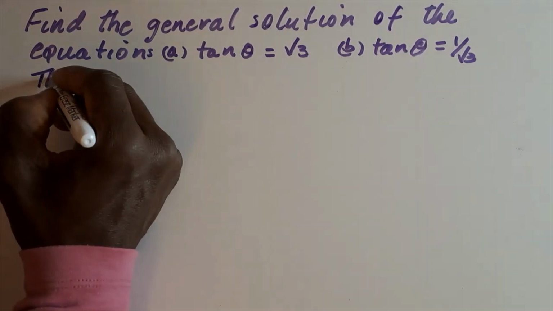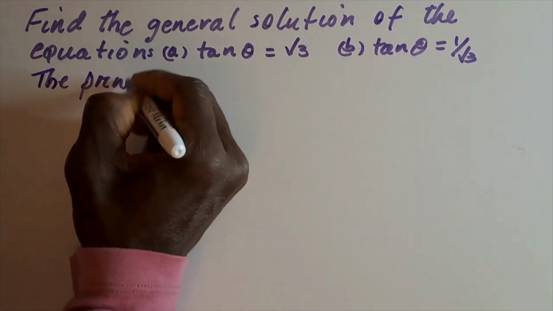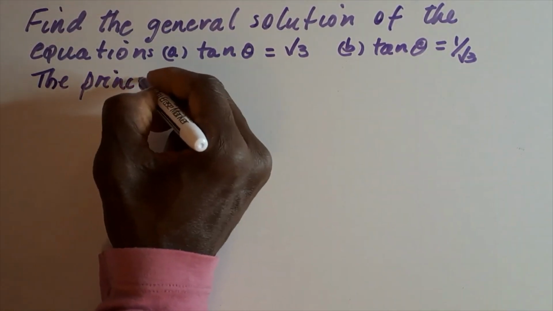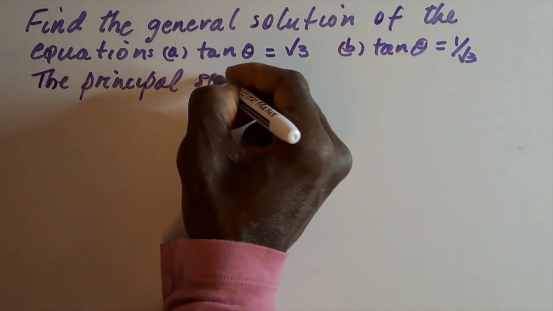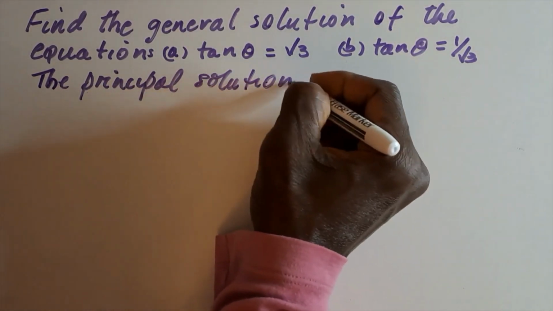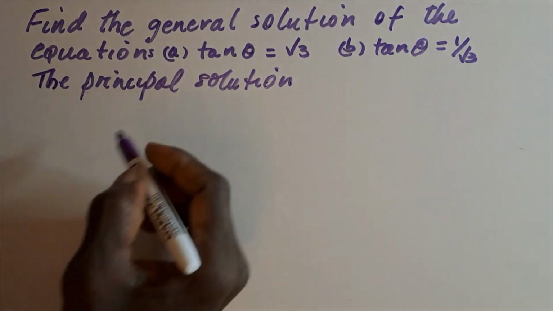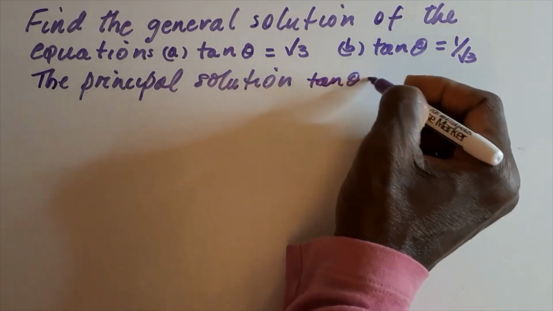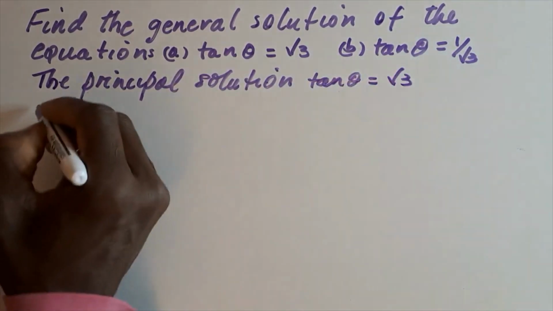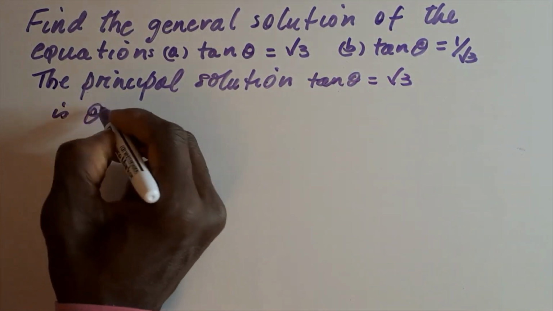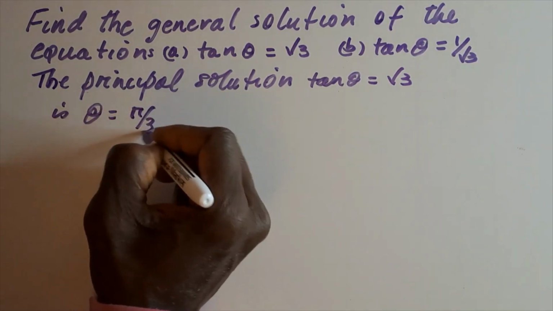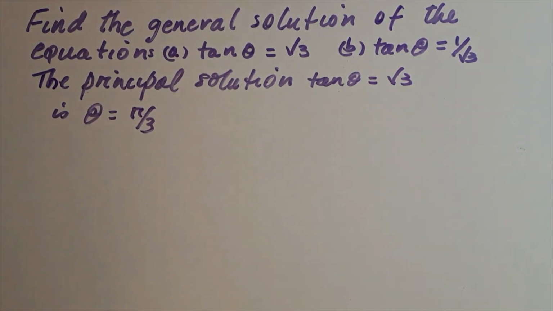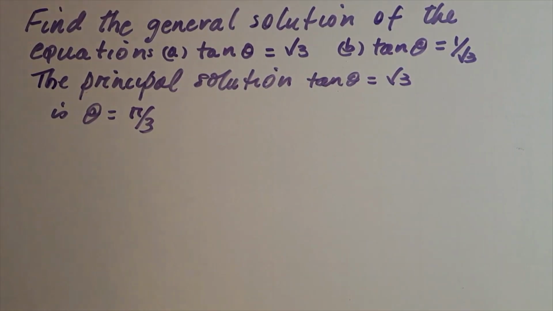The principal solution of tan theta equal to root 3 is simply theta equal to pi over 3. So if you do tan inverse of root 3, we'll get pi over 3 or 60 degrees.